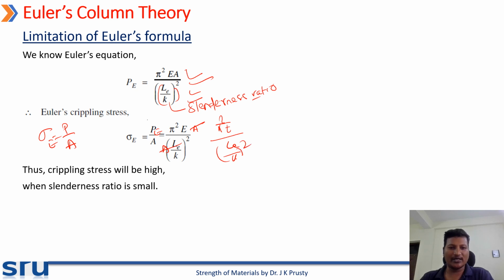So from this equation, you can see the crippling stress will be high when the slenderness ratio is small. So this crippling stress is related to the slenderness ratio.